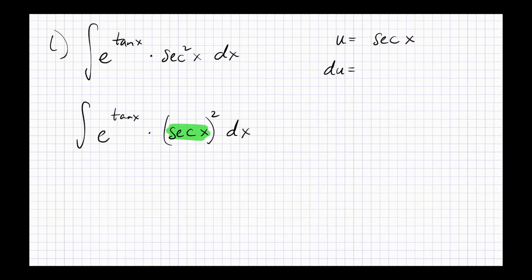Let's see. I believe it's secant tangent. Yeah, secant tangent. So the derivative is secant of x, tangent of x, dx. Okay. Next step, solve for dx. So I'm going to divide by secant tangent.